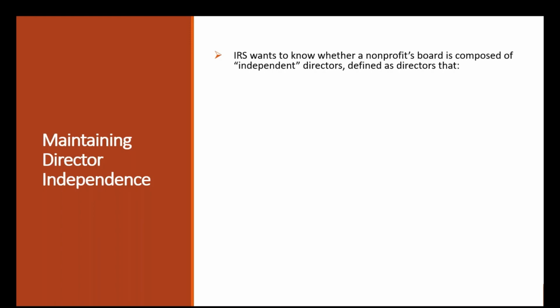Okay, and then another concept, our last big juicy concept, is something called director independence. On the 990, the IRS wants to know whether your nonprofit board is composed of so-called independent directors.